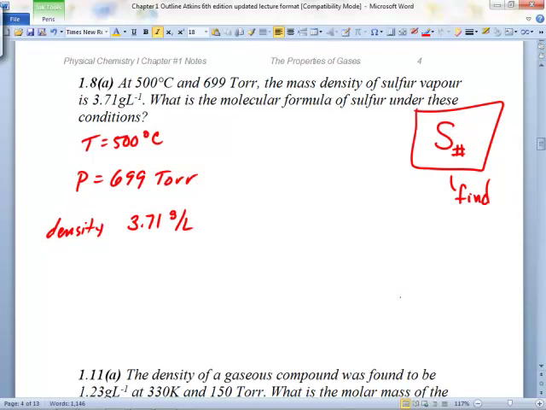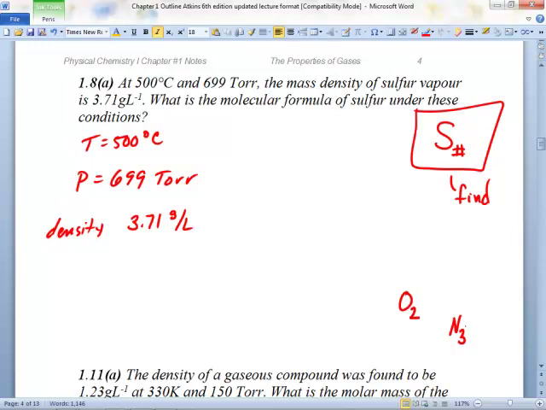Let's say you had, what would be an example? O2. What's the molar mass of O2? 32, right? And how'd you get it? You multiplied 2 times 16, okay? N2, and well, maybe there's such a gas. N3, I doubt it, but what would be its molar mass if it existed as a gas? 3 times that. So my point is, if you know the molar mass, all you do is divide it by the atomic mass, and you'll get the number of them, and you write the little guy down there as a subscript. That's all we got to do.